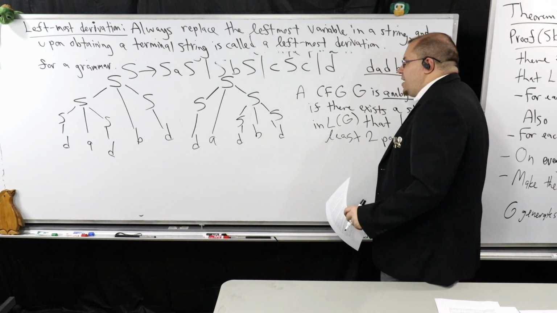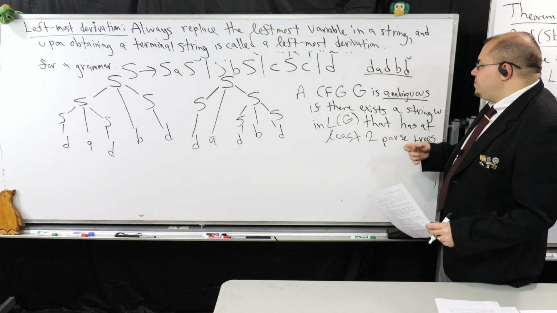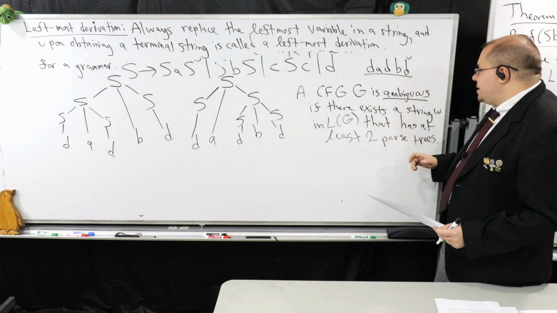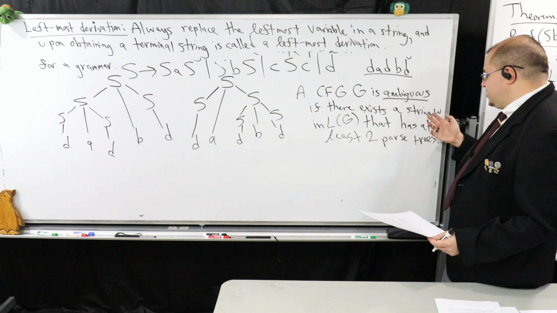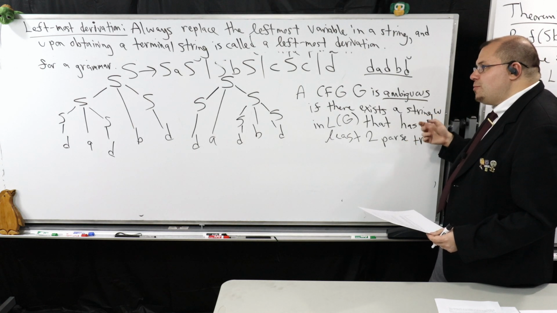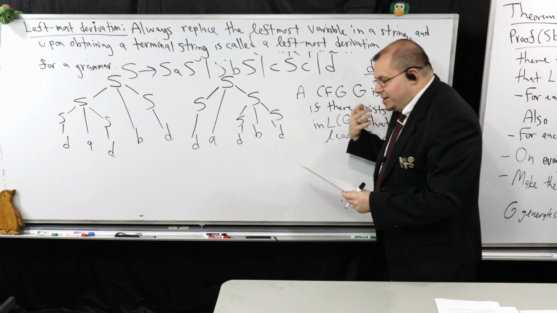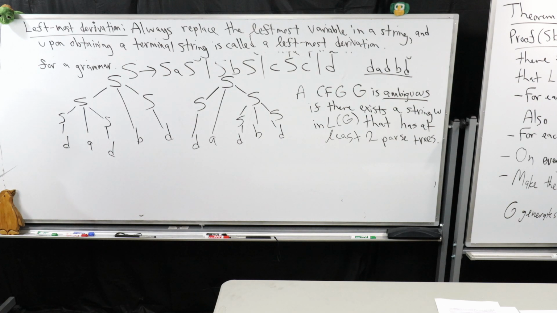If you can identify a string that you can generate through a leftmost derivation, you can actually prove mathematically that if you want to know this aspect, so you just want to know if there exists a string W such that there is at least 2 parse trees, if you can identify a string where there are 2 or more leftmost derivations, then you could say the exact same thing.